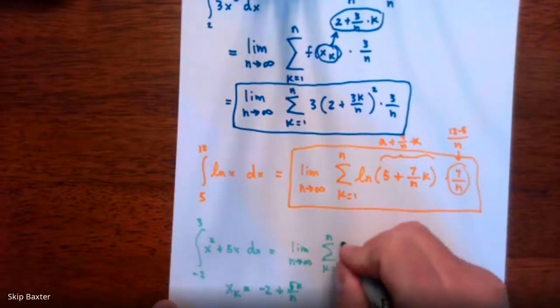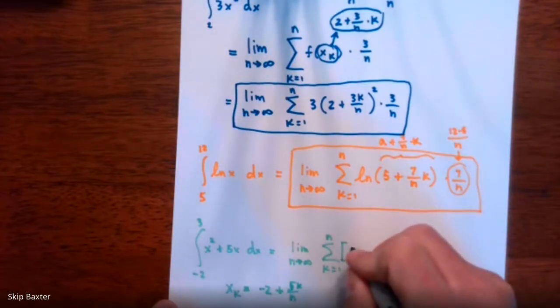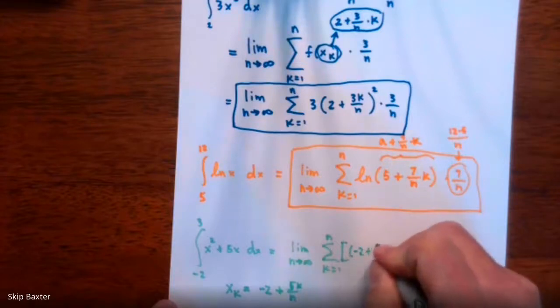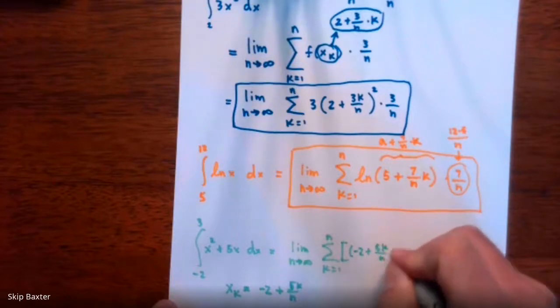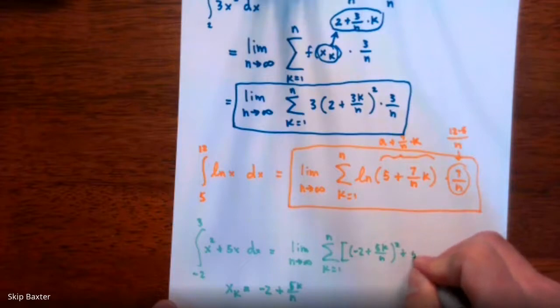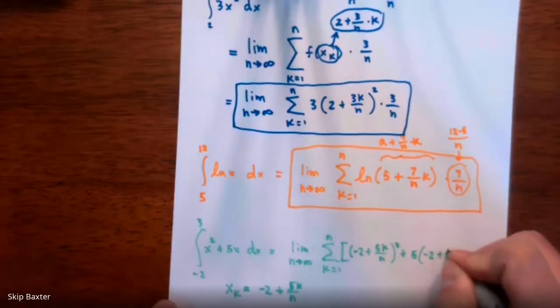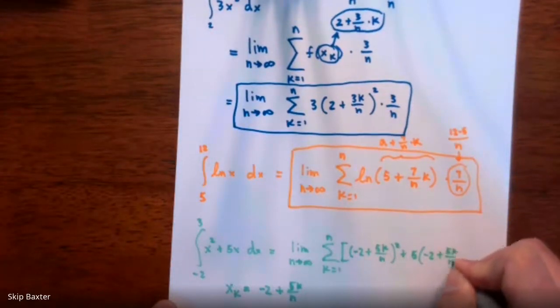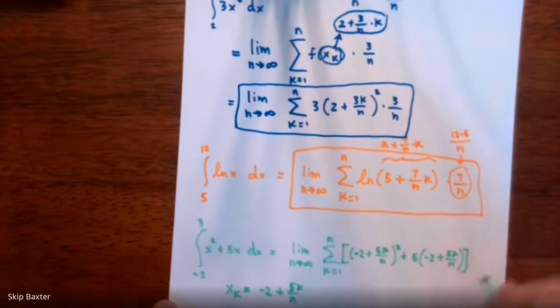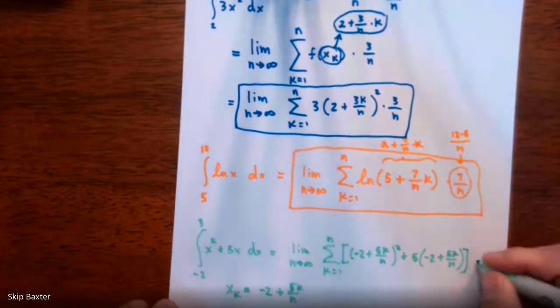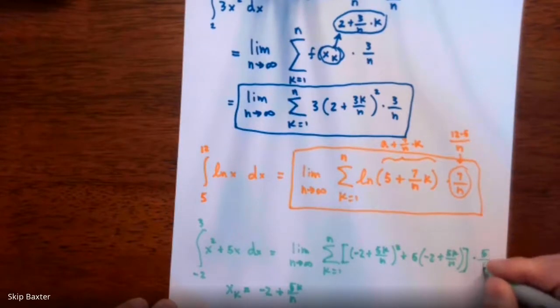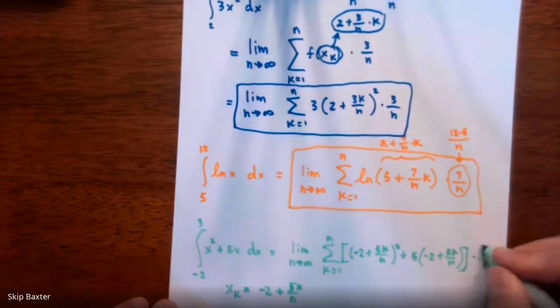It's going to be -2 plus 5k over n, squared, plus 5 times negative 2 plus 5k over n. That's the height of the rectangle times 5 over n. That's the width of each rectangle.